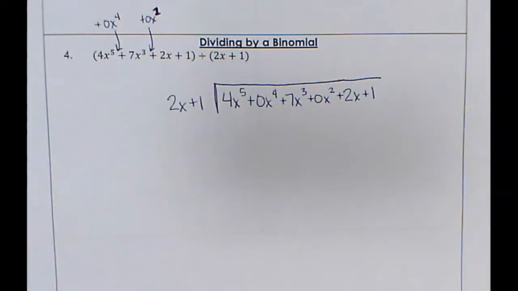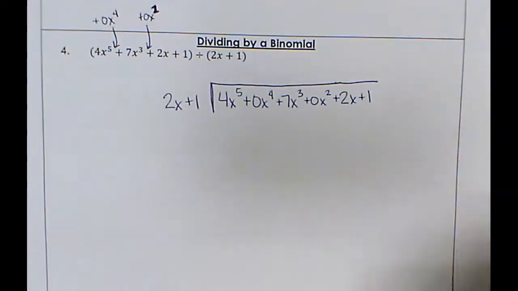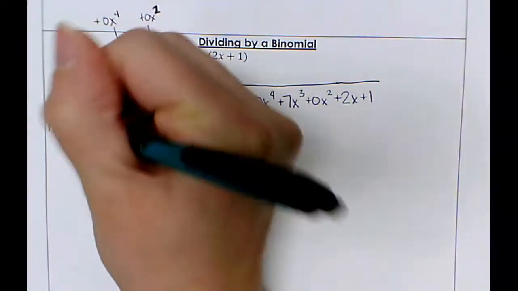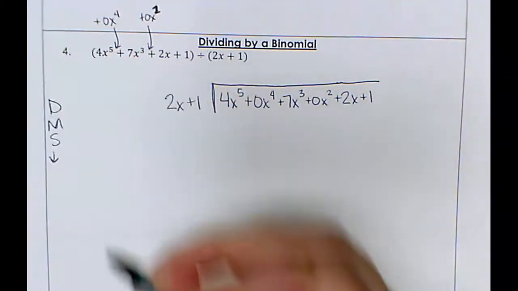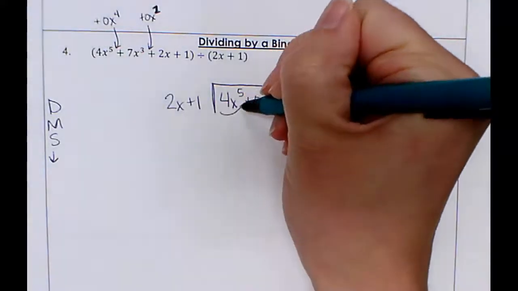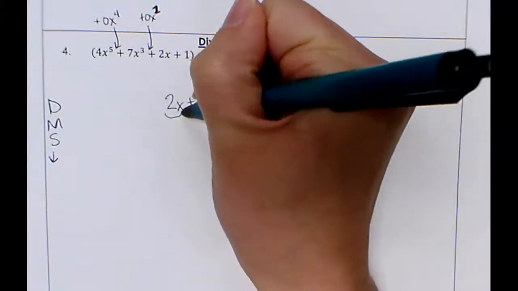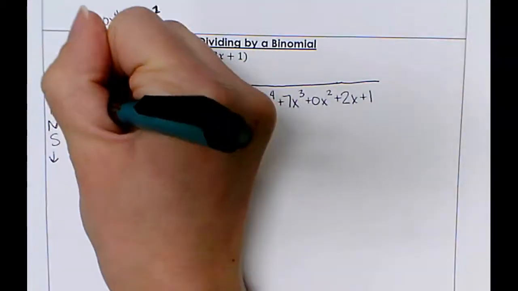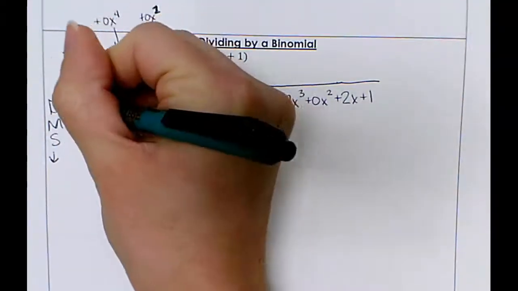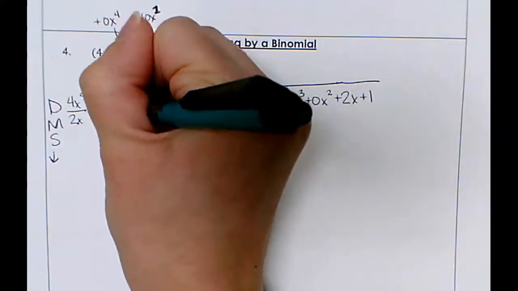So let's try this out, and I'm not going to do it in different colors. I'm going to do it just in one color so that we can see what it actually looks like. To divide, multiply, subtract, and bring down. So 4x to the power of 5 divided by 2x. 4 over 2 is 2.